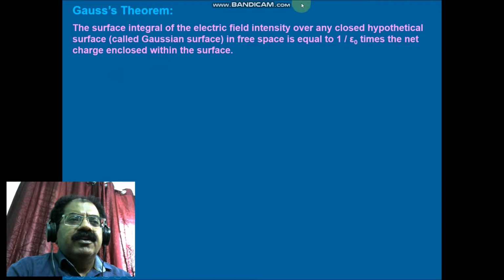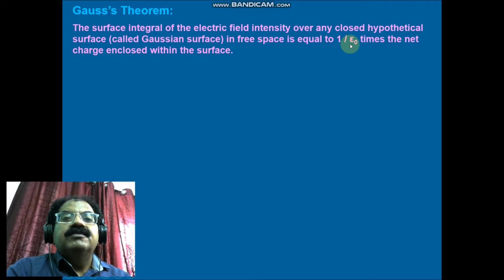The surface integral of the electric field over any closed hypothetical surface, Gaussian surface, in free space is equal to 1 by epsilon naught times the net charge enclosed within the surface.